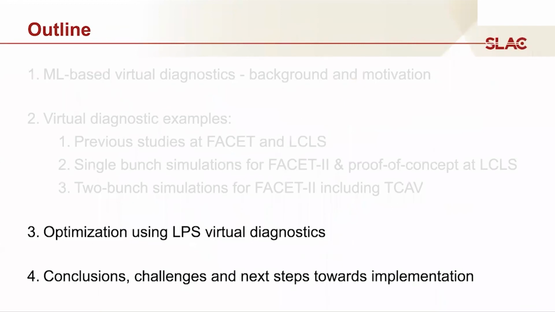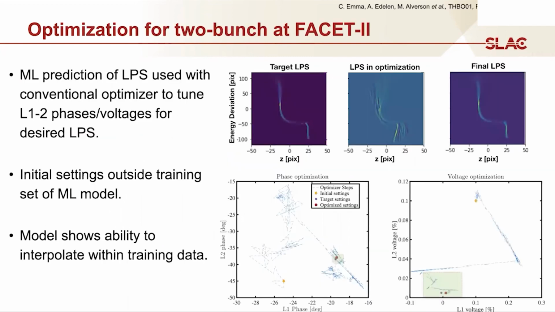So finally, I wanted to discuss optimization of the longitudinal phase space using virtual diagnostics, and how you can use the prediction from virtual diagnostics to tune your beam to get the desired distribution for a particular experiment. So this is an example of optimization for the two-bunch configuration at FACET-II.